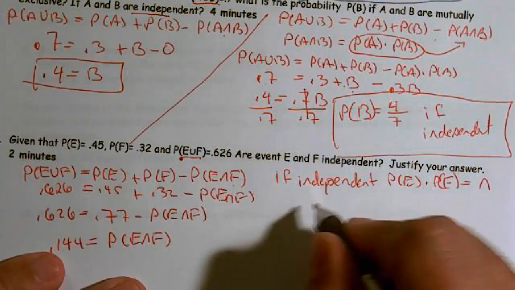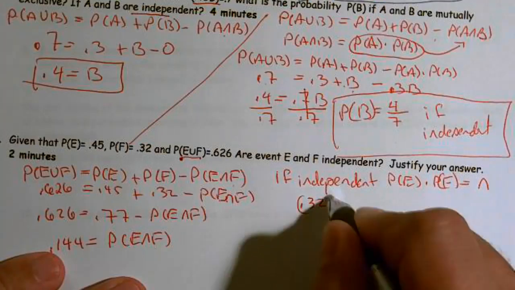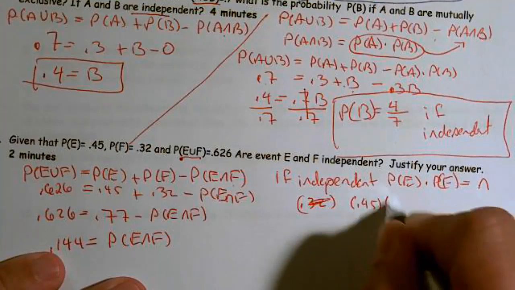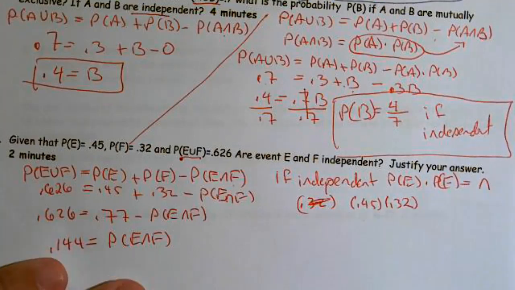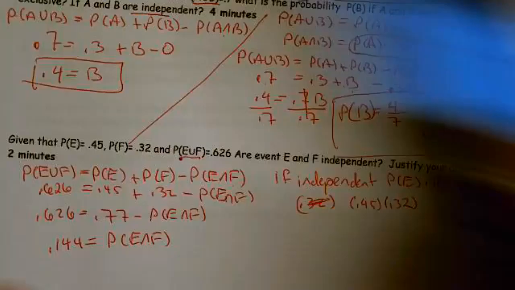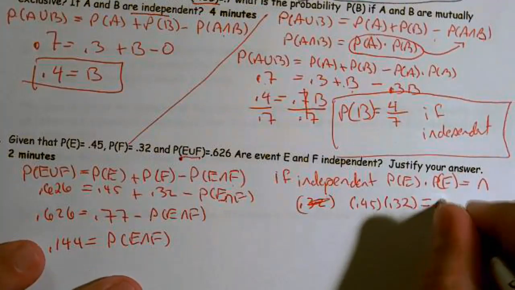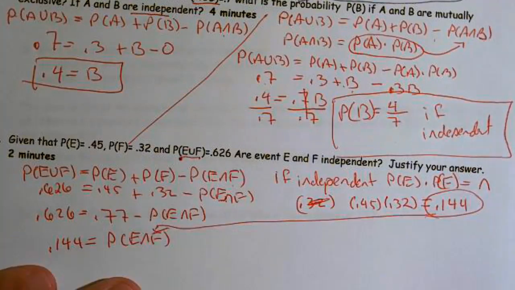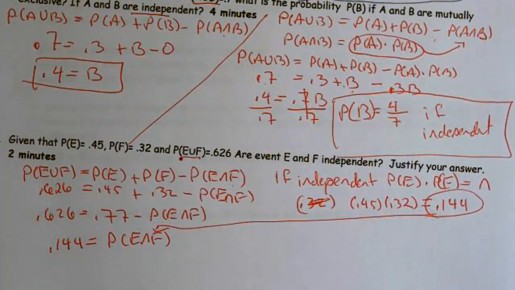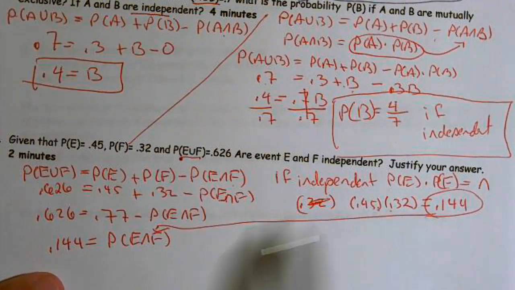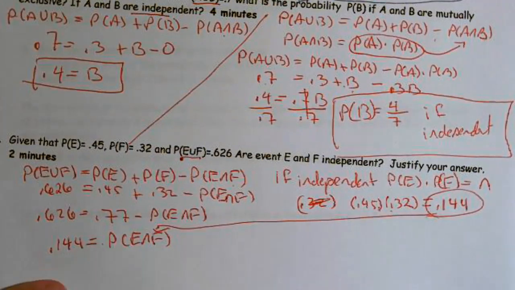So in this case, 0.45 times 0.32 equals 0.144. Therefore, the events are independent. All right. Why? Because this intersection equals this, what we calculated it having to be.